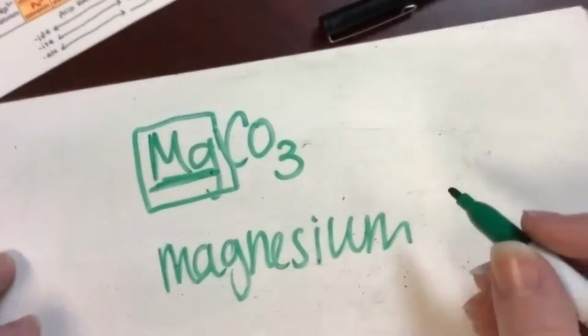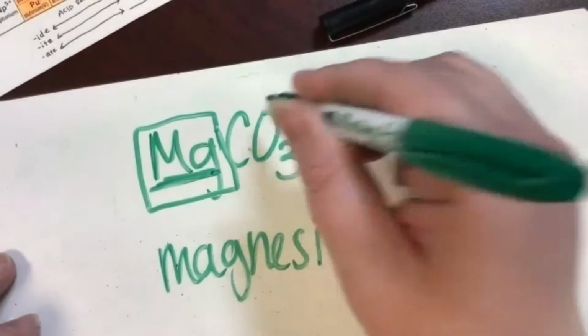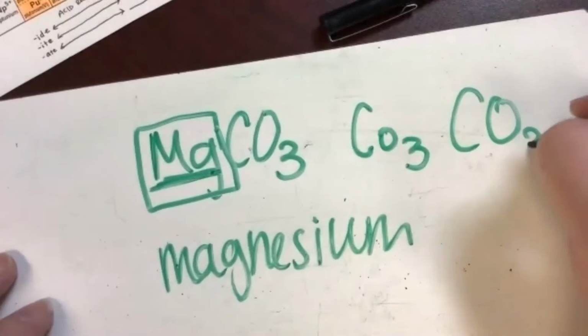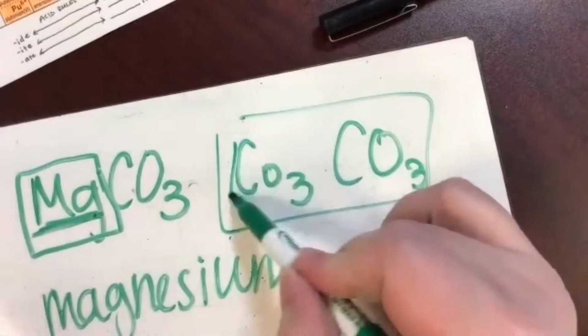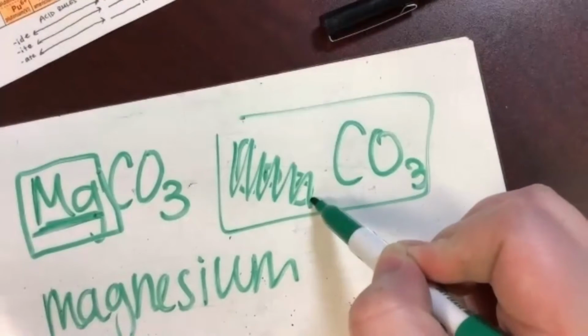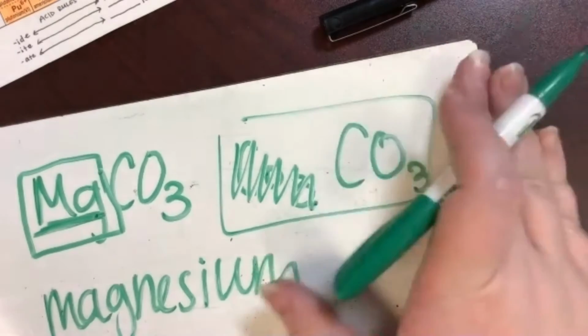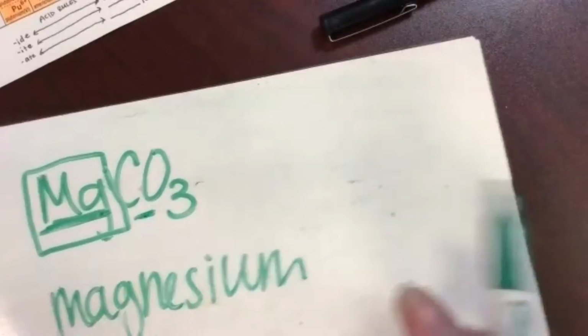Now CO3, this should be a capital O. That's my mistake. These 2 things are completely different. This actually doesn't exist with the lowercase o. This is a capital O. This is 2 different elements, 2 capital letters, so that means it's polyatomic, which means it's back here.